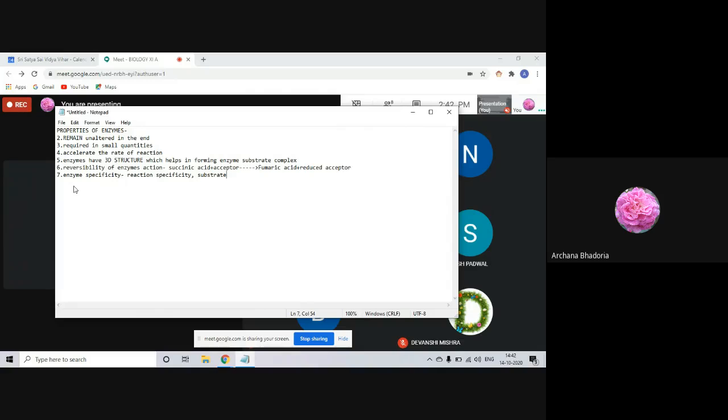Same way, suppose an enzyme is a dehydrogenase enzyme, that is your succinic dehydrogenase enzyme. So in reversibility of enzymes, on top of the reversible arrow you write the name of the enzyme, that is succinic dehydrogenase.